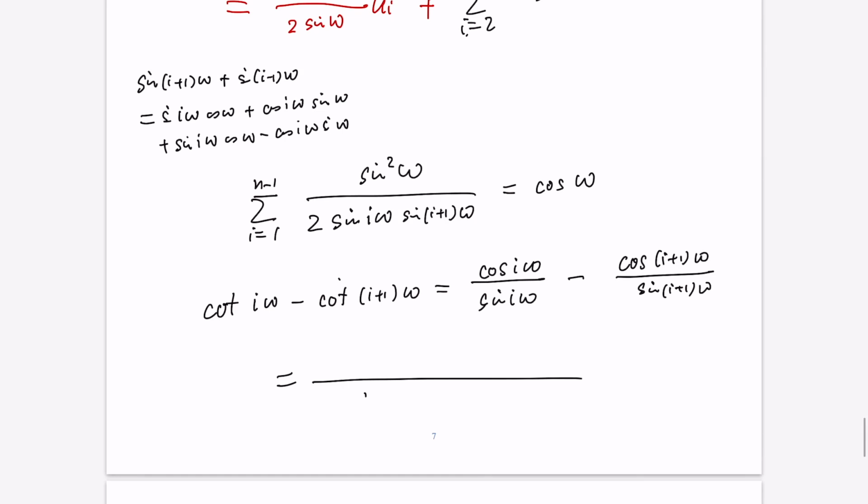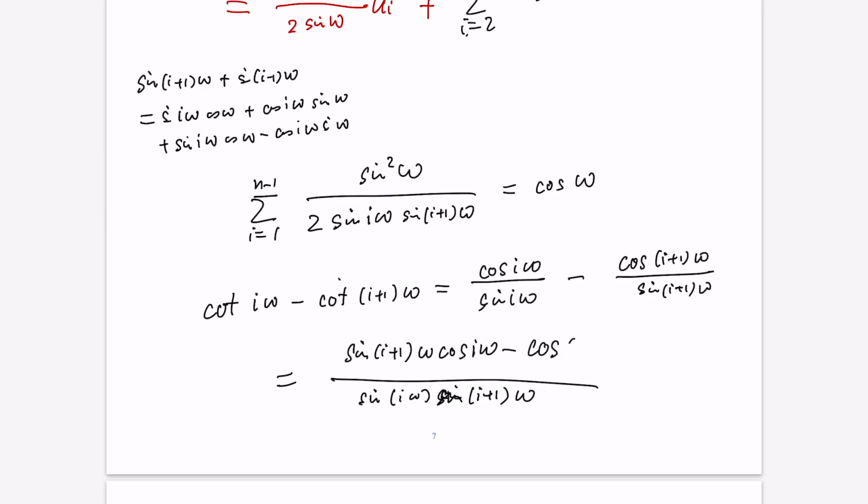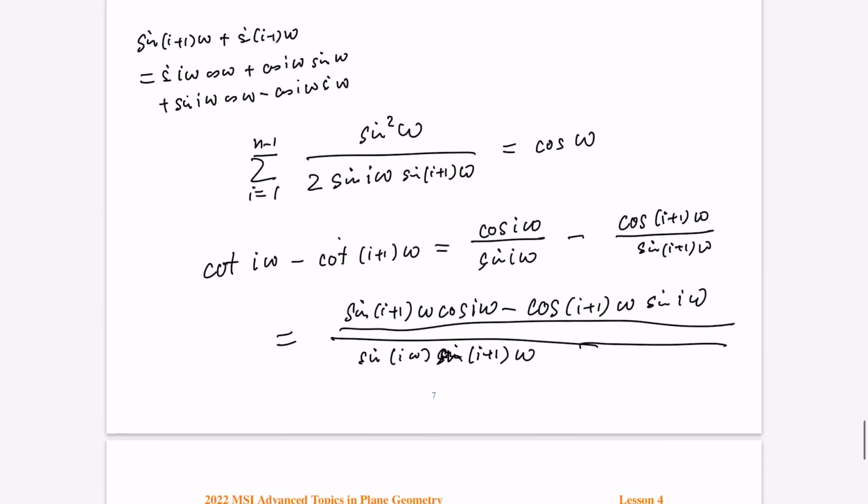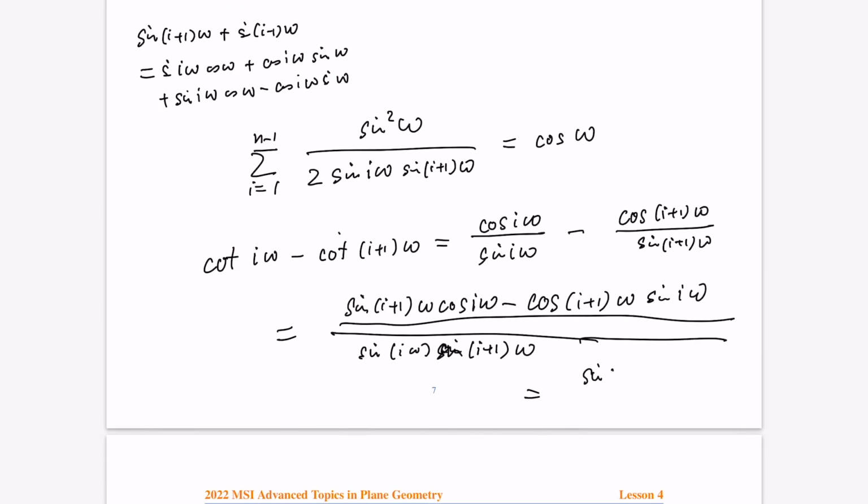And so this is, let me write it in the nice way, sine (i plus 1) omega cosine i omega minus cosine (i plus 1) omega sine i omega, over sine i omega sine (i plus 1) omega. However, this is exactly equal to sine omega, because sine omega is sine of (i plus 1) omega minus i omega.